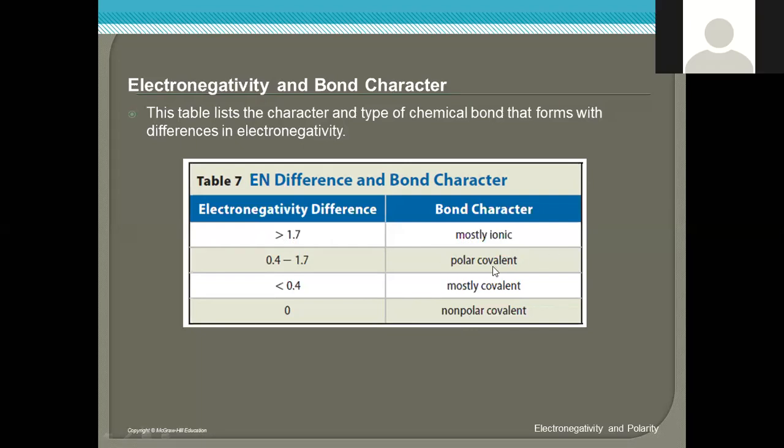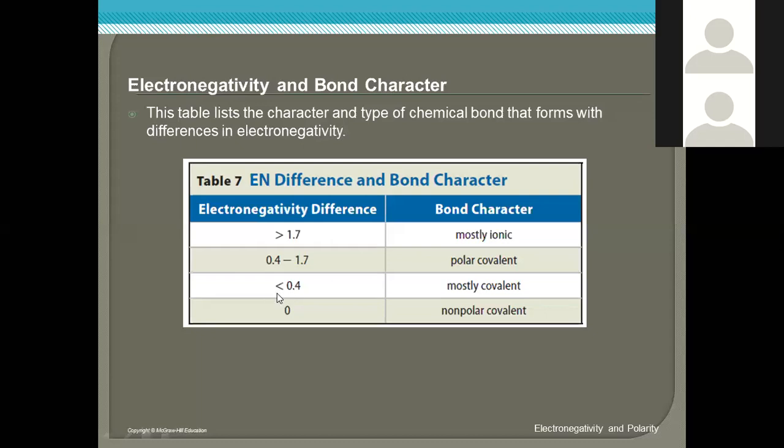Now in polar covalent, from 0.4 to 1.7. In mostly covalent, greater than 0.4. Greater than 0.4.